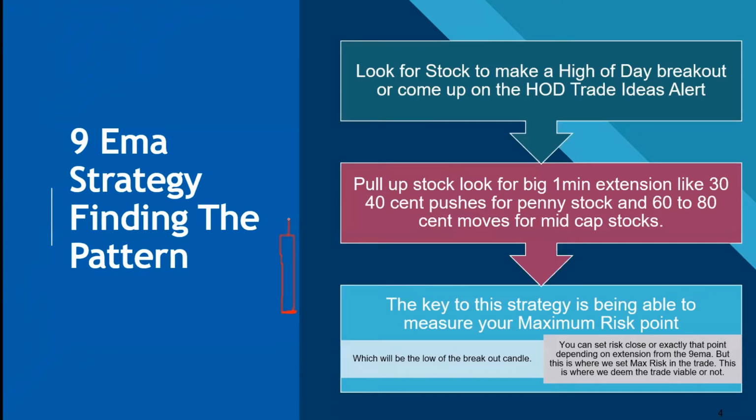So the stock might have a nice wick and it's going to pull back. We've got to understand that if the stock gets below this point, anywhere in this area, we're going to be getting out. And so we know that the volume is built up in this one candle. So this is going to be our maximum risk area. And we're looking to measure where can we get in here, in this area, to take a trade on the upside.